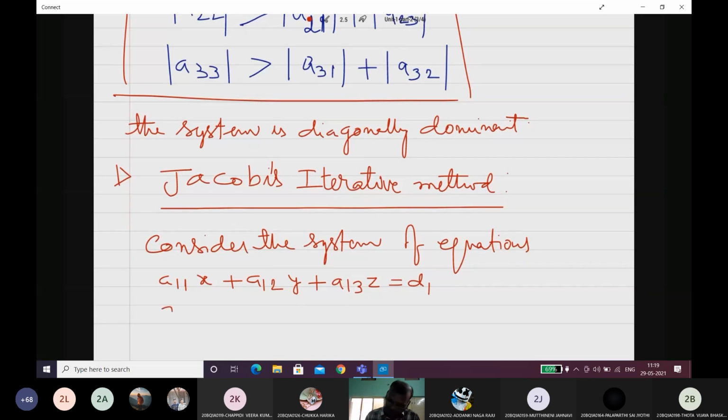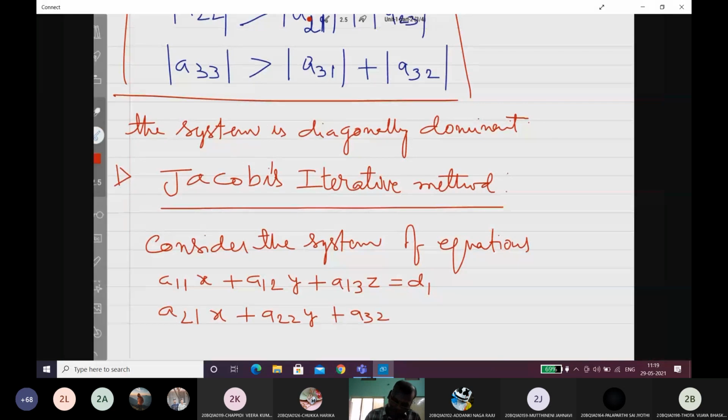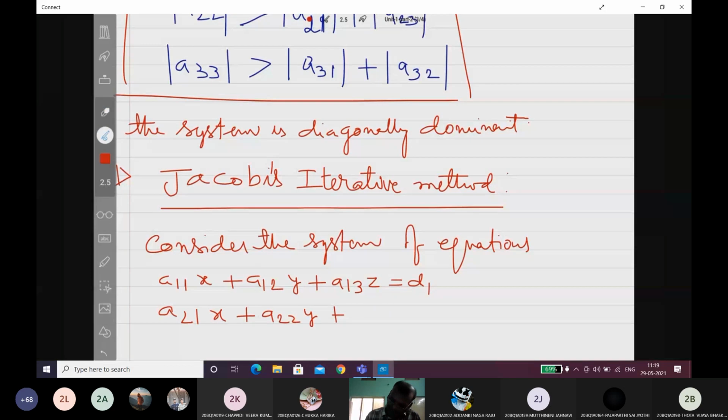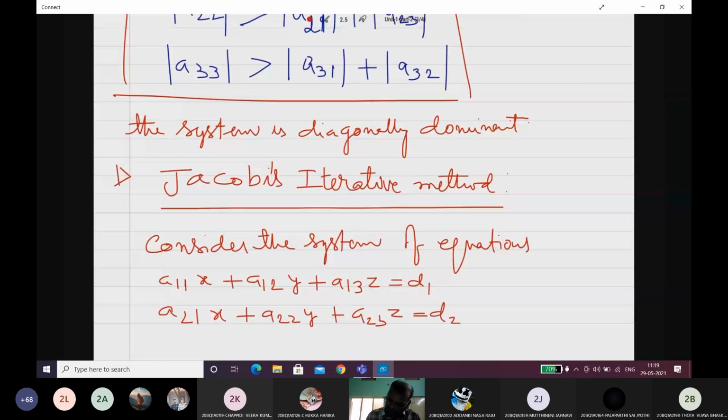Next, A21x plus A22y plus A23z is equal to D2, and A31x plus A32y plus A33z is equal to D3.